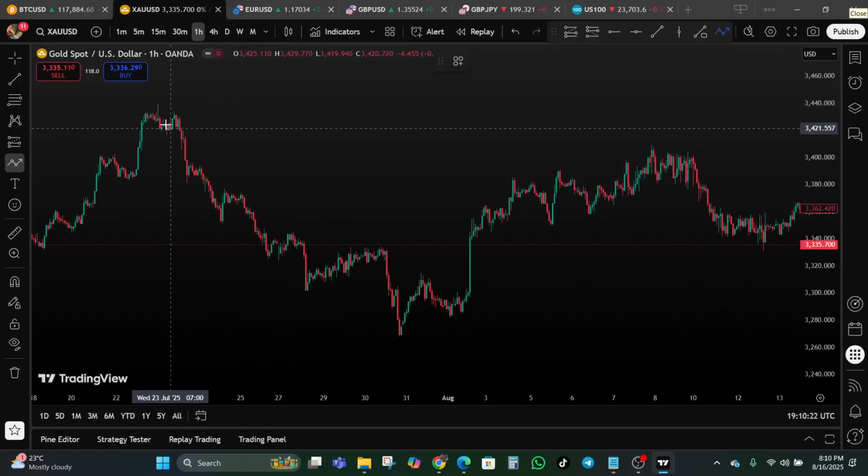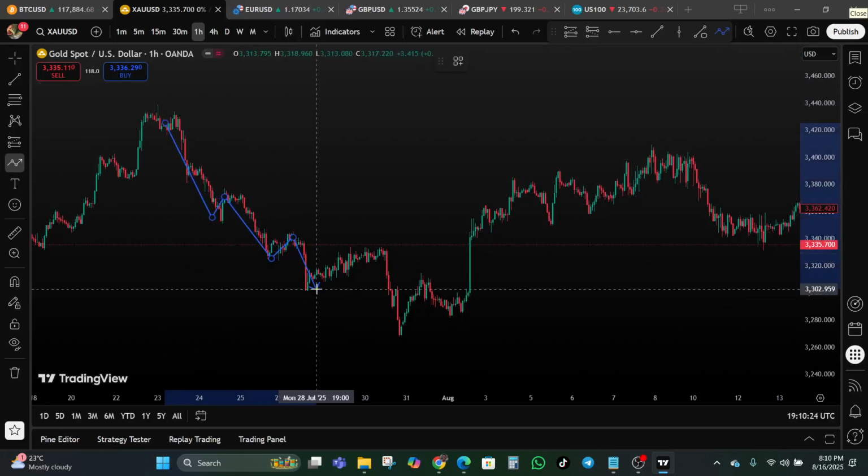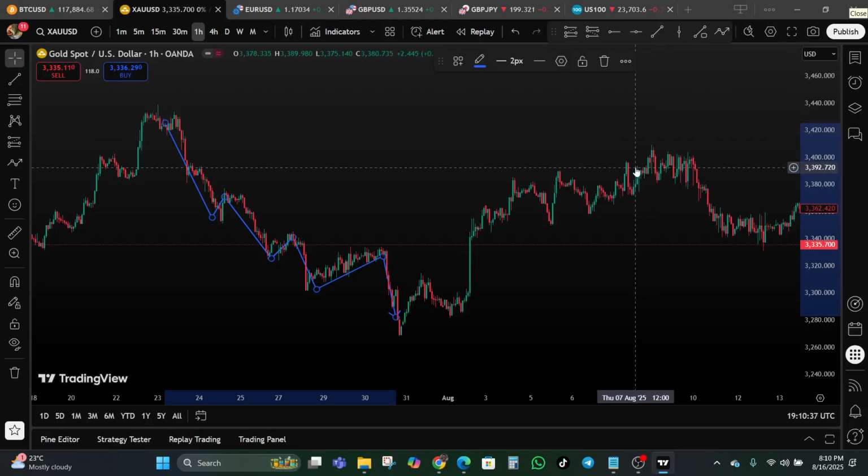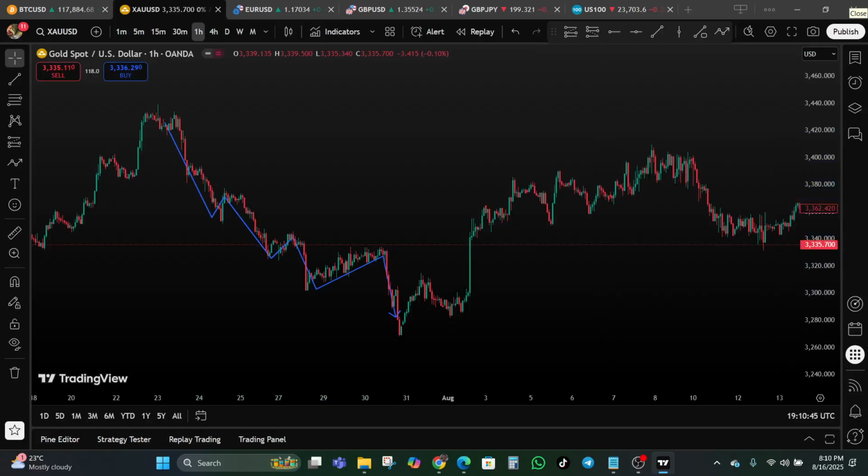Or are we having lower highs and lower lows? That shows a bearish market. So first of all, you should identify the market structure. A break of structure often signals a potential shift in direction. And that is why identifying structure on multiple time frames is essential when applying smart money concepts.